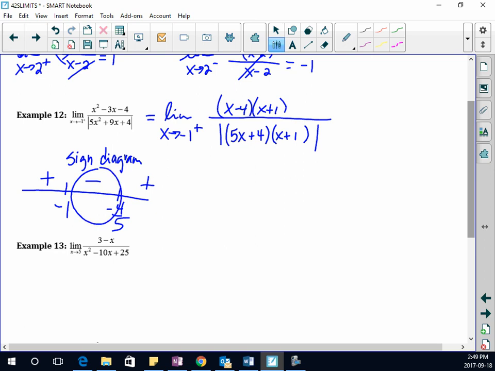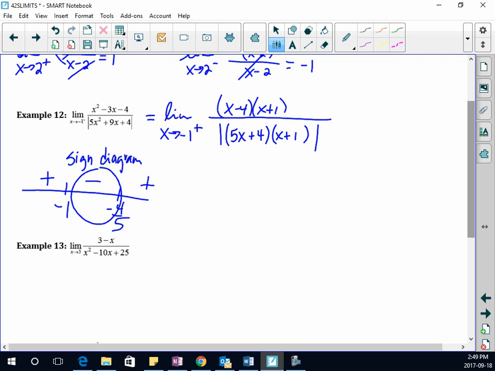So when you're doing the right-hand limit, if you go way too far, this might come into play. So I would always do a sign diagram for something like that.